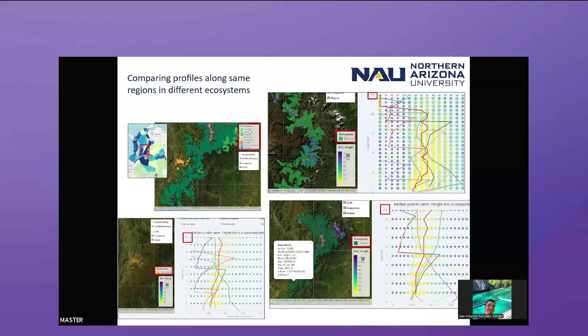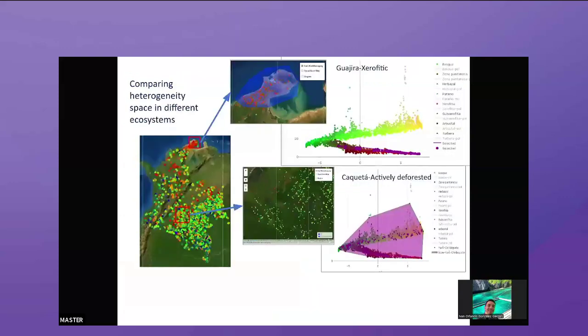So we have bosques, forest, shrubs, and ecosystems. So I select each of them. From them, we can see the different profiles located in different areas. We can see the difference in profiles, the forest, and the other ecosystems.